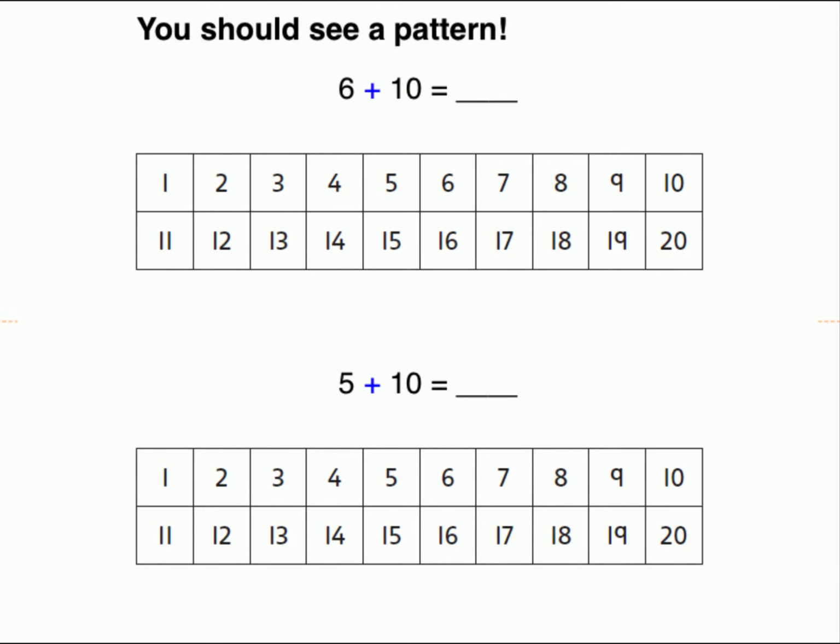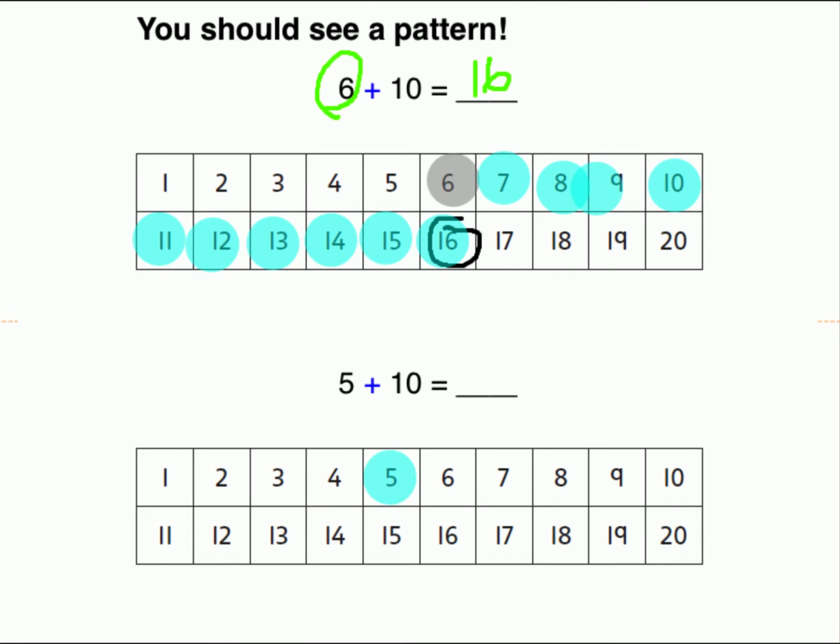We're starting with 6. What's right underneath? 16. Don't believe me? Let's count it. 1, 2, 3, 4, 5, 6, 7, 8, 9, 10. 10 more. Plus, it has to have the 6 in it. 16.